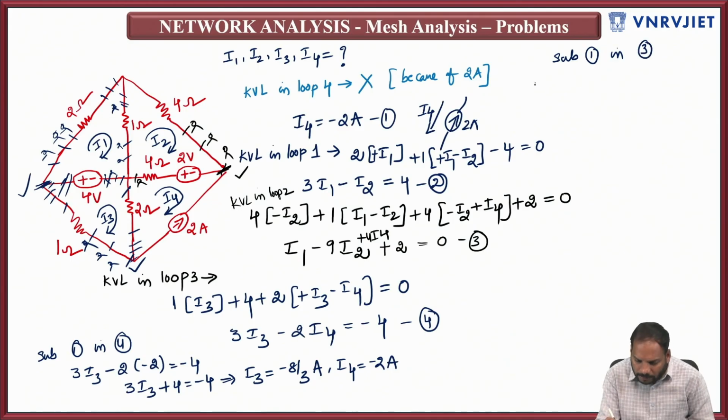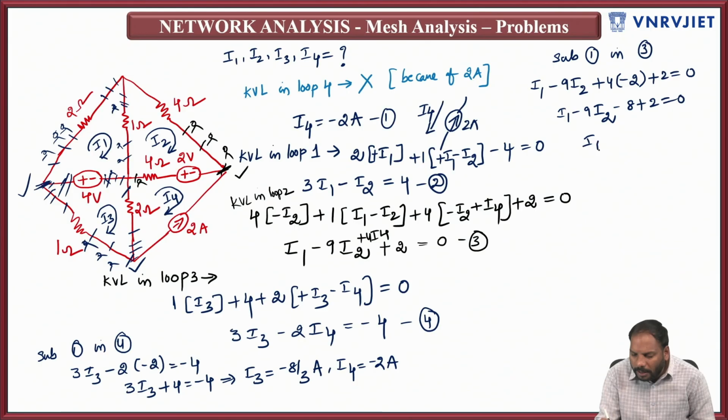Okay, so that means I1 minus 9I2 plus 4I4 is minus 2 plus 2 equal to 0. So from this I1 minus 9I2, okay, so this is minus 8 plus 2 equal to 0. So I1 minus 9I2 is equal to 8 minus 2, that is 6.